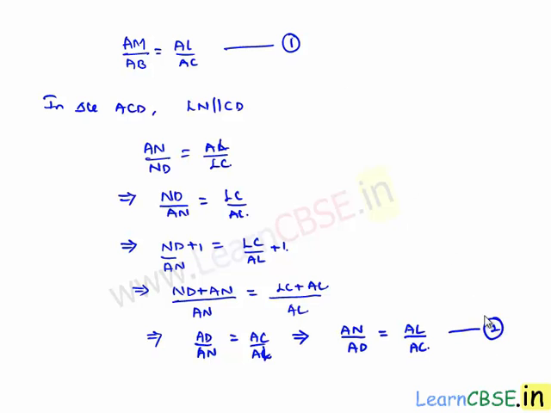In equations 1 and 2, the right hand side of the equation is equal, that is AL by AC and AL by AC. So we can equate AM by AD is equal to AN by AD, which is the proof we require to prove.